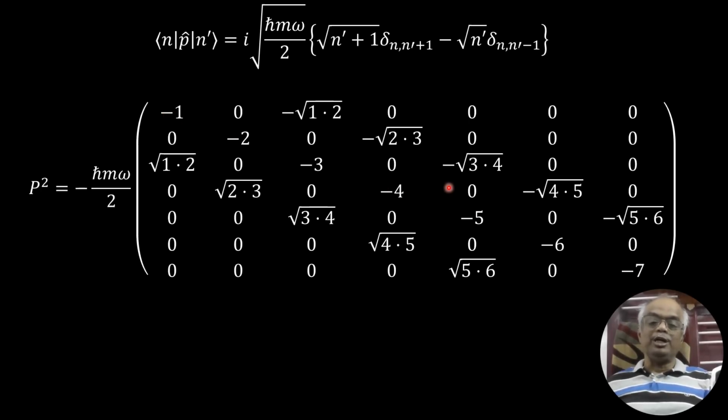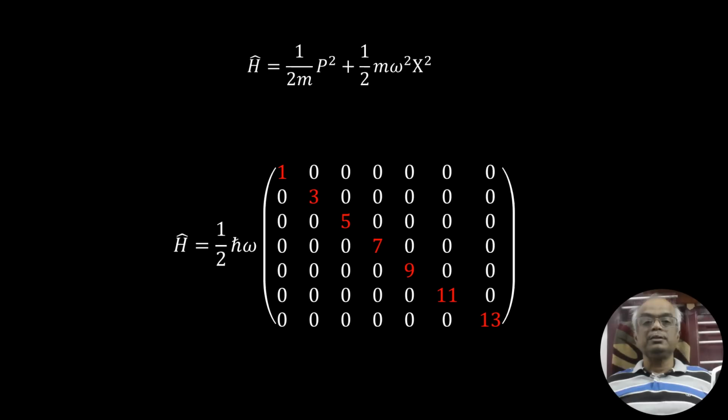It will go on. Similarly, the upper half diagonal elements are minus square root of 1 into 2, minus square root of 2 into 3. It will go like this. In the case of X squared, all are positive. You remember that. Now we will move on to the Hamiltonian matrix.